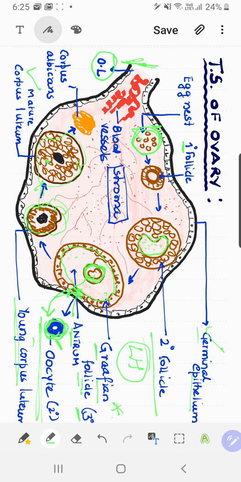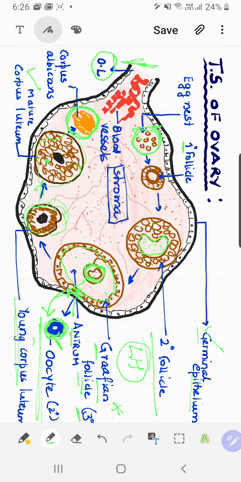So in case of no fertilization and no embryonic development in the body, this corpus luteum converts into a debris which is known as corpus albicans. Corpus albicans does not secrete anything. It is cleared up by the macrophages. Macrophages are those cells which eat up and digest the worn and torn cells of the body.